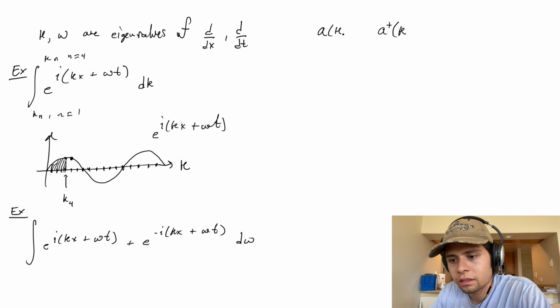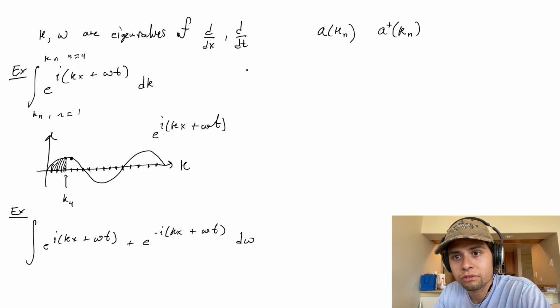These are the specific eigenvalues associated with taking derivatives of certain equations. These are taking time derivatives of these sinusoidal equations. And so these are creation and annihilation operators, and you can see their functions.